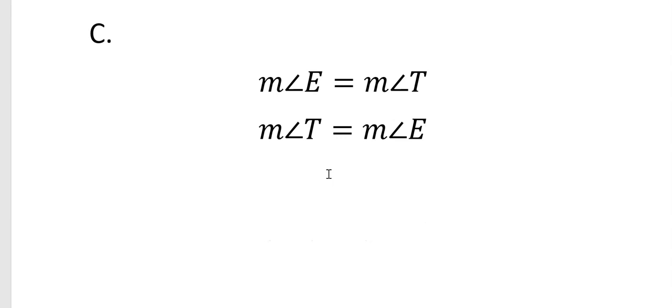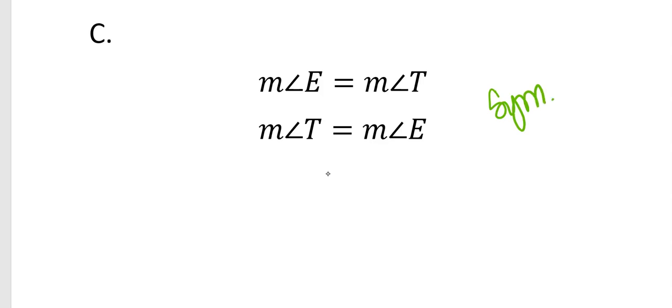How about this one? Measure of angle E equals measure of angle T. That's what you're given. How do they go from measure of angle T to measure of angle E? What are they doing on that one? Flipping it over. Which property was that again? Reflexive is the same. What was the next one? Symmetric. Yep. So when they take it and just flip it over, that's symmetric property.